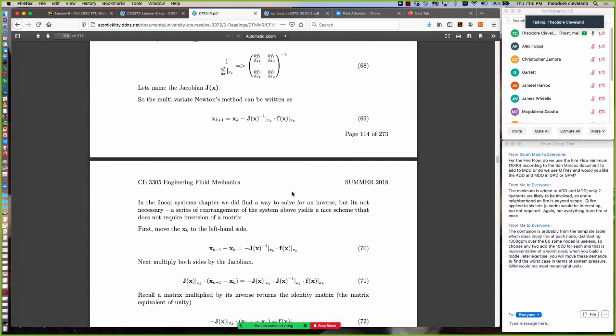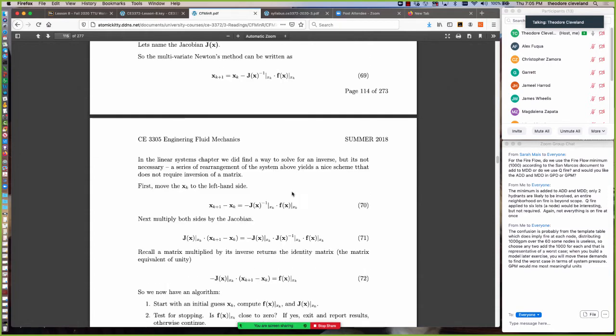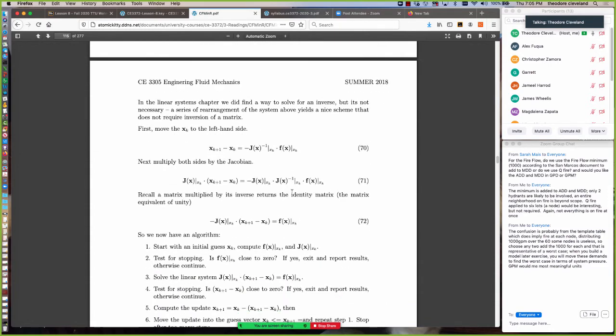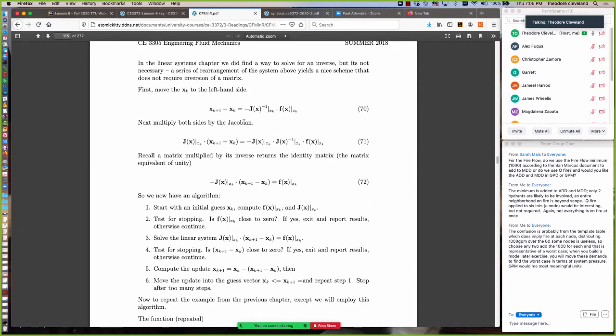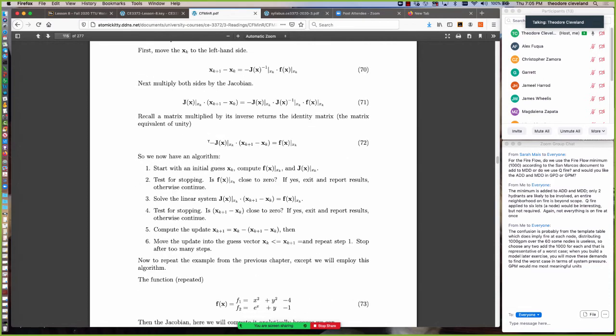Inverting a matrix is computationally quite expensive, so the linear algebra identity that we employ is to multiply both sides of that update equation by the Jacobian at the current guess, and what that leads to is a linear system of equations. So the negative of the Jacobian times the change in the values of x is equal to f of x.